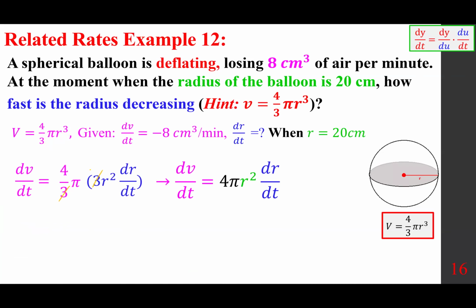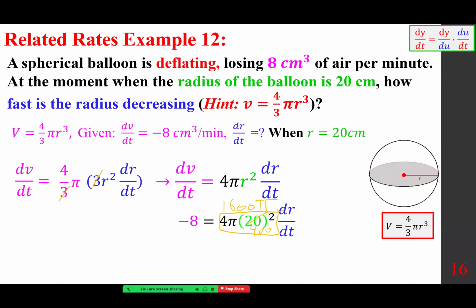We replace dV/dt with -8, and r with 20. This is 400, so this is 1600 pi. We divide both sides by 1600 pi.